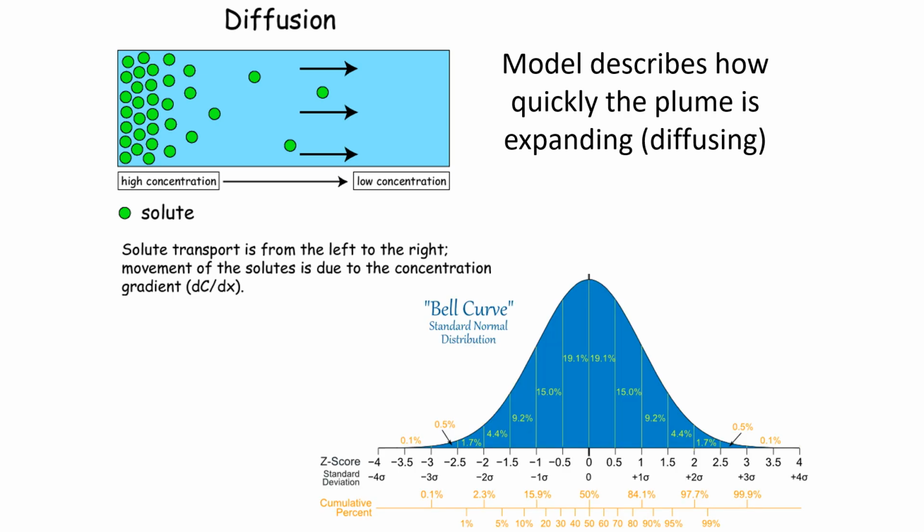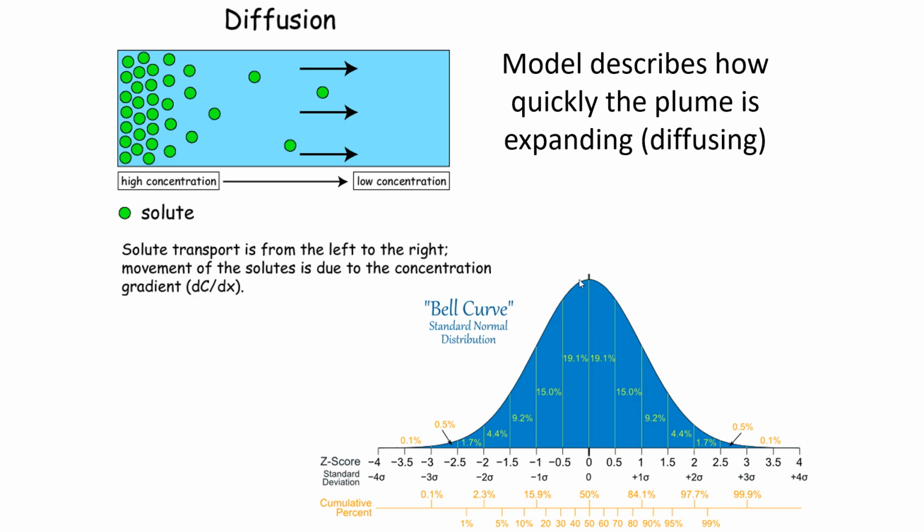For the diffusion component, we're going to be looking at the probability distribution. If we're polluting air using a smokestack, for example, you probably understand instinctively that the further downwind you go, the more spread out in width and height that pollutant is.